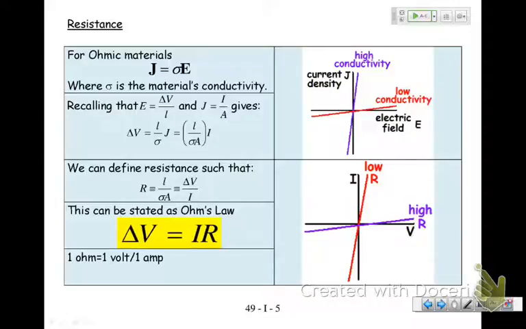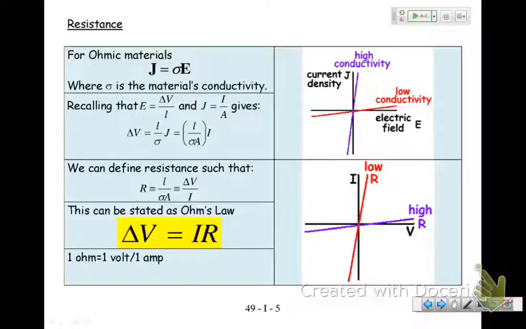So when I look at this, the equation that I've plotted here involves I is equal to delta V, if you like, over R. That's that relationship. So my slope is 1 over R.